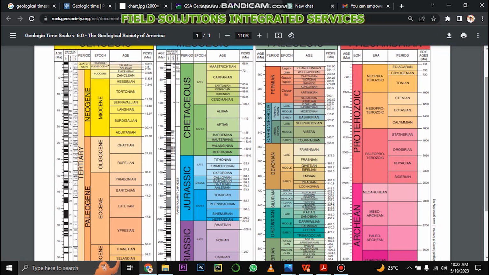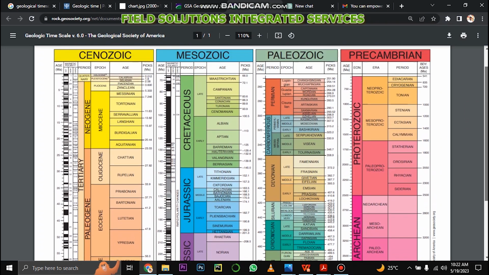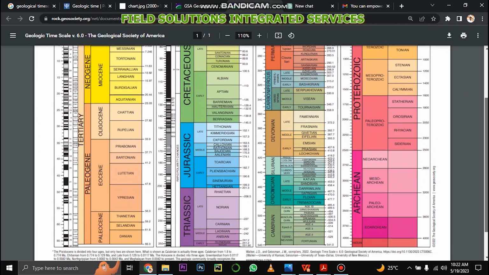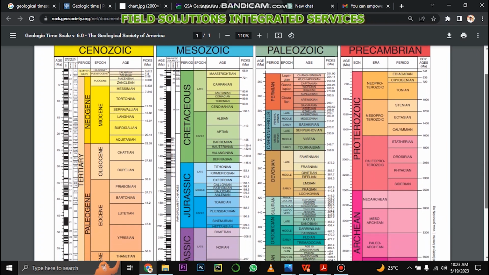That's additional information. Now moving away from the Paleozoic era, we are going to the Mesozoic era. The Mesozoic era also is a recognized era because of the geological activity, sedimentation and all sorts of that.